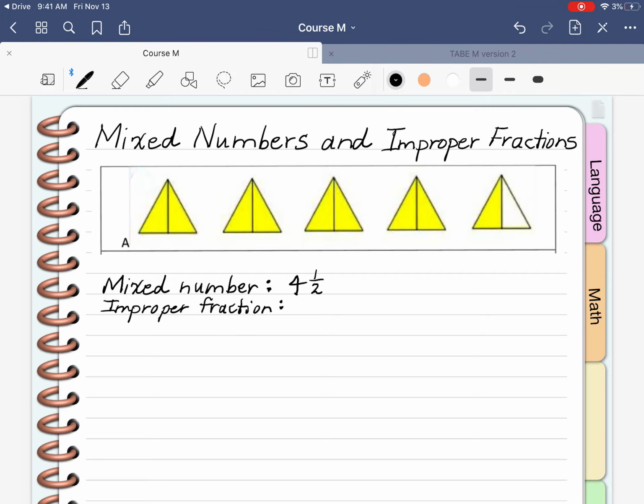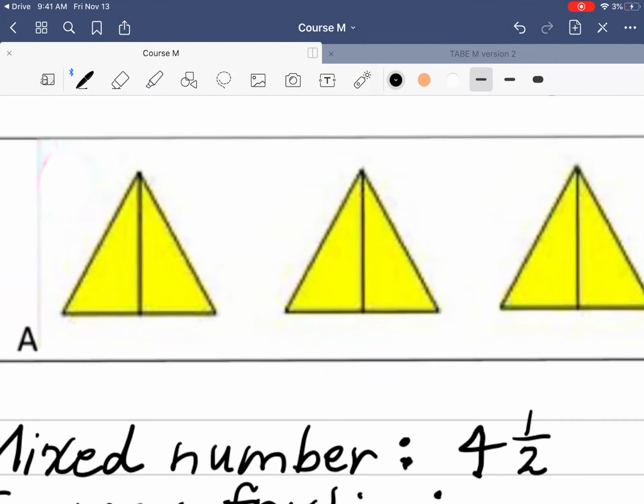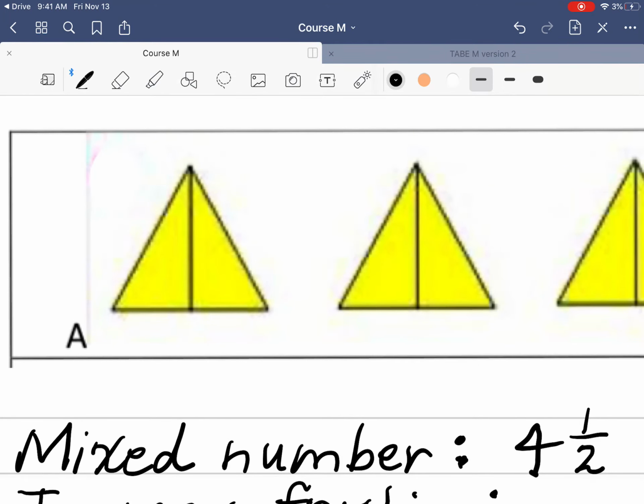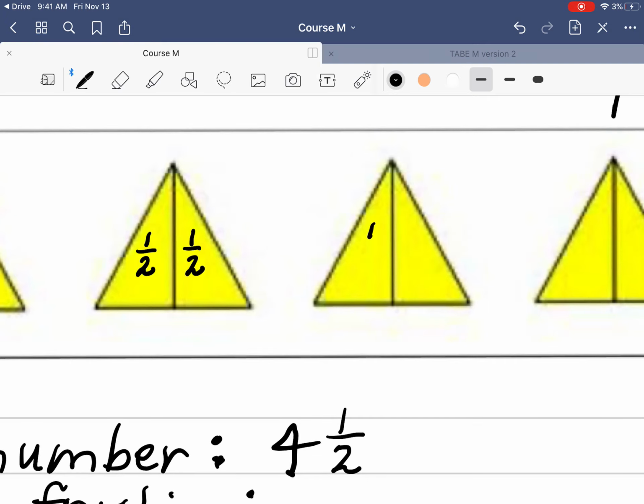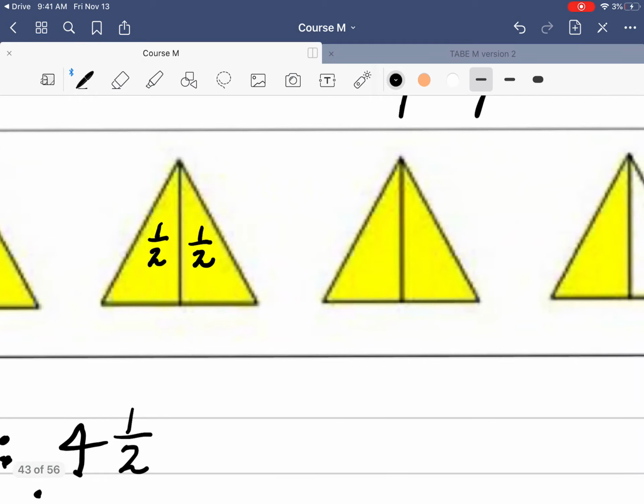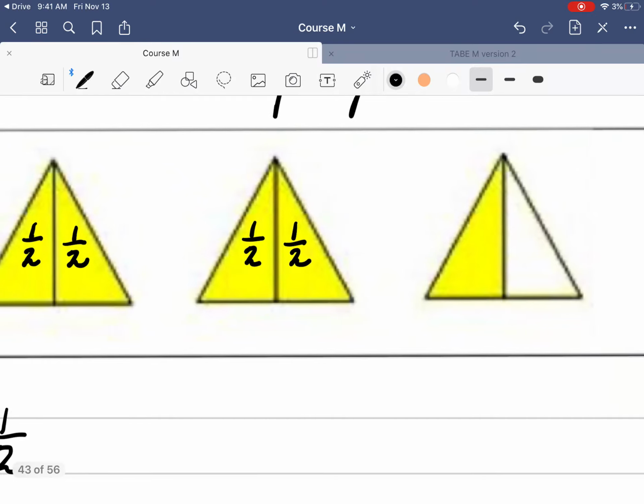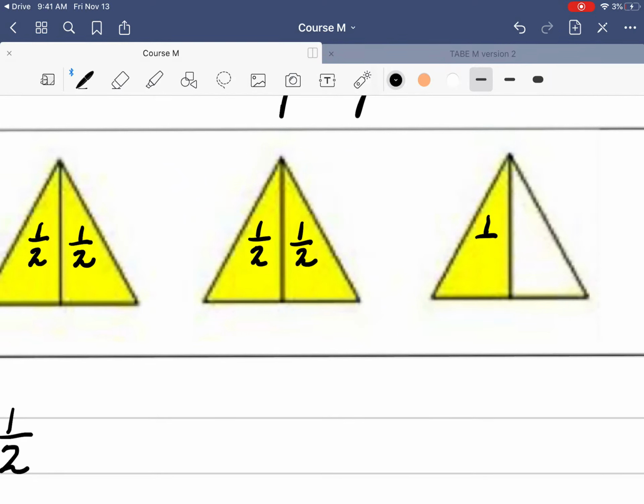But let's see if we can zoom in here and figure out the improper fraction. So here is 1/2 and 1/2. That makes 2 halves. Here is another half, so 3 halves, 4 halves, 5 halves, 6 halves, 7 halves, 8 halves, 9 halves.